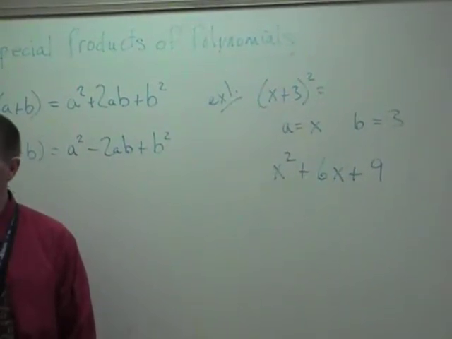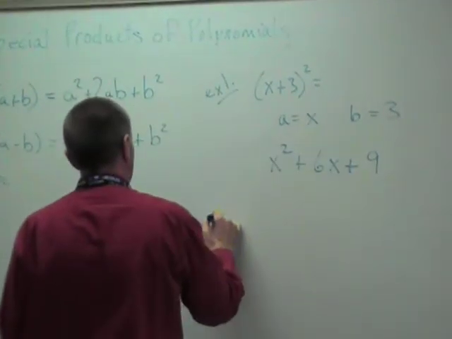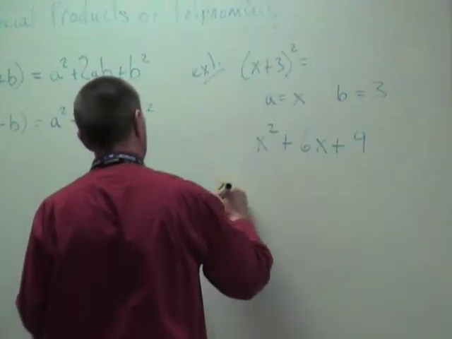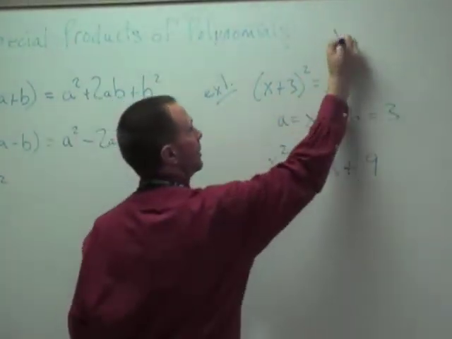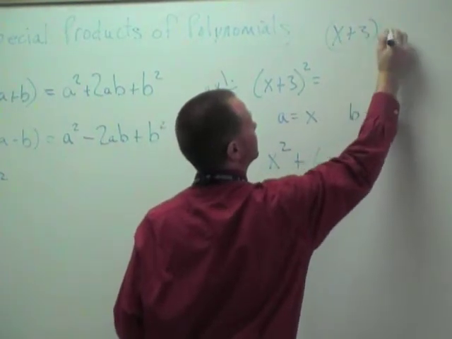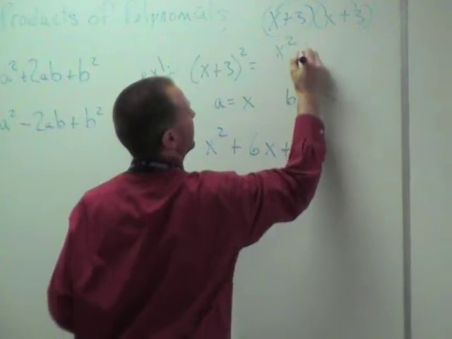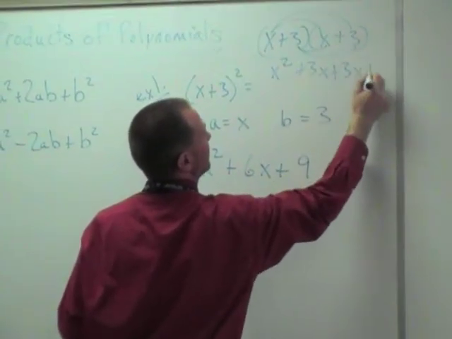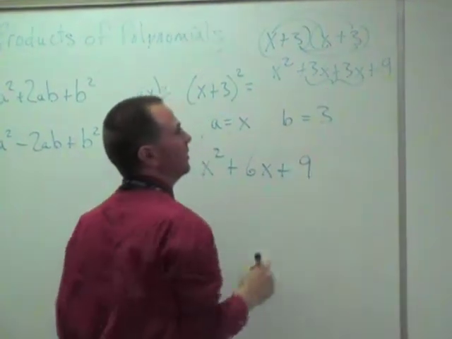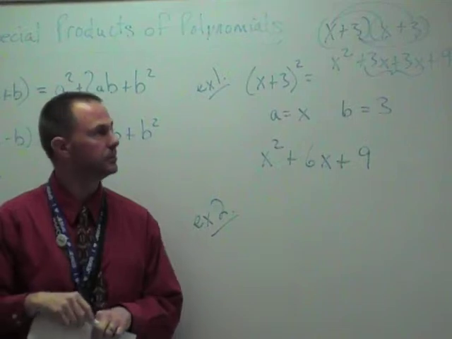Very simple? Wait, I thought it just would have been x squared plus 9. Well, work it out the long way. It's still the same. Watch. That's x squared. That's 3x. That's 3x. And that's 9. These two go together. But how come we can't just distribute the squared?